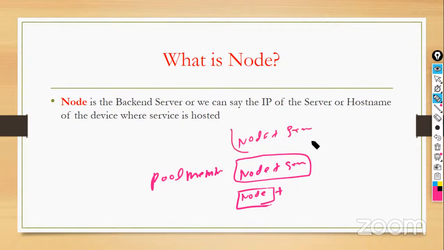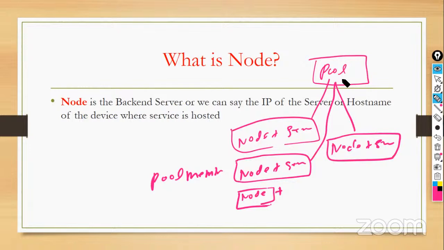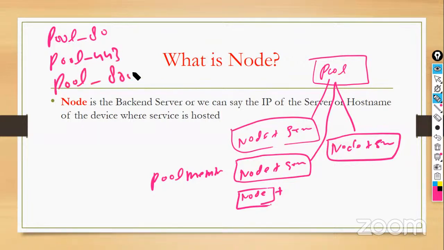and these all are added to one group, which we call a pool, right? So in other terms, we say, okay, I'm using pool 80 or pool 443, maybe pool 8080 service, right?